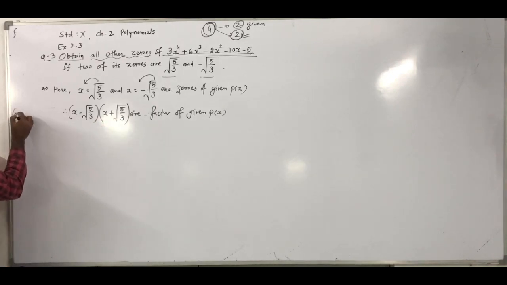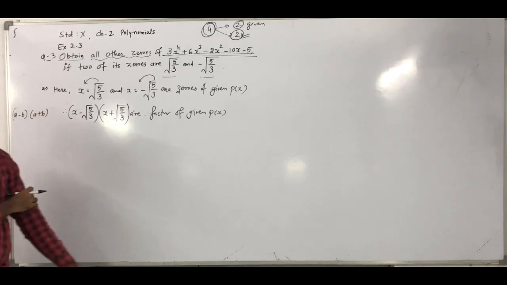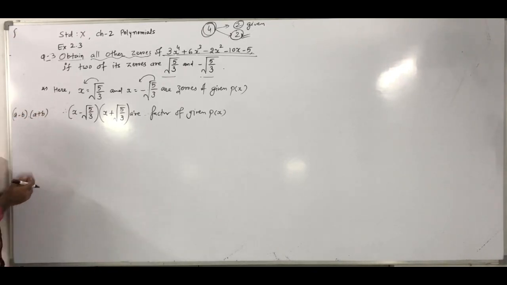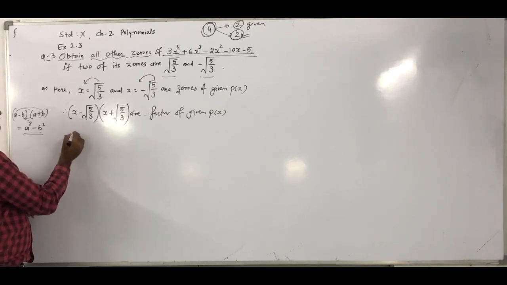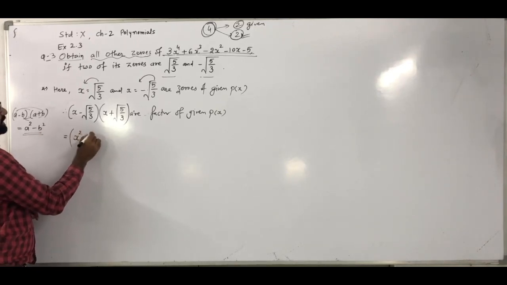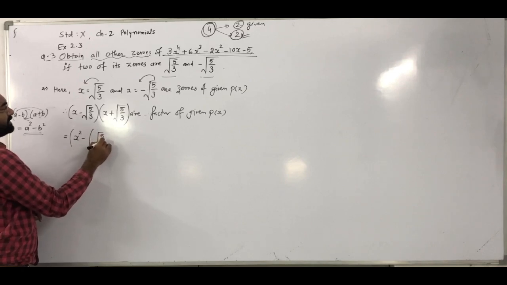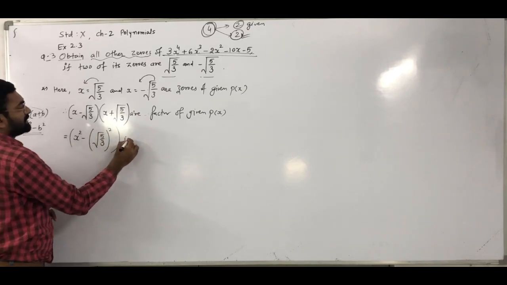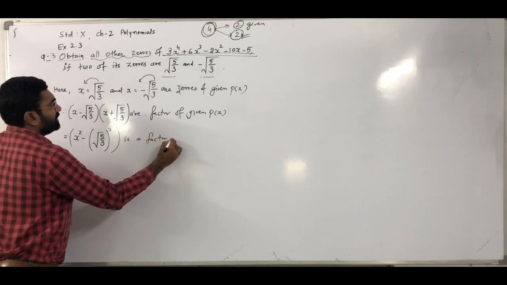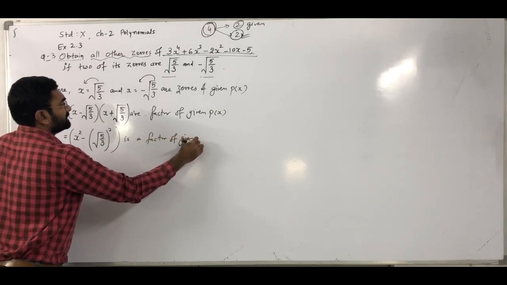So this is like a minus b into a plus b. In the identity we describe that a minus b into a plus b is a square minus b square, and if you multiply all terms inside, you get a square minus b square. So here we can write a is x square minus, here b is root 5 by 3 square, is a factor of the given p of x.